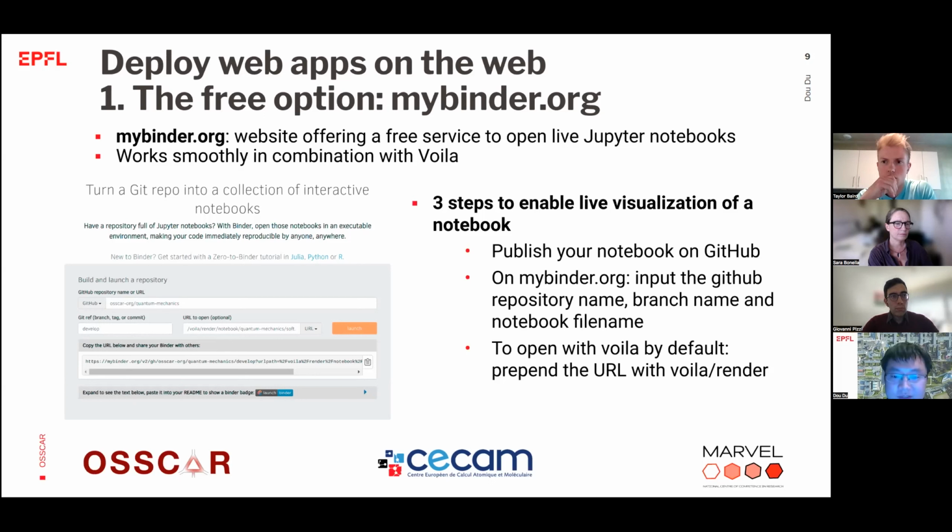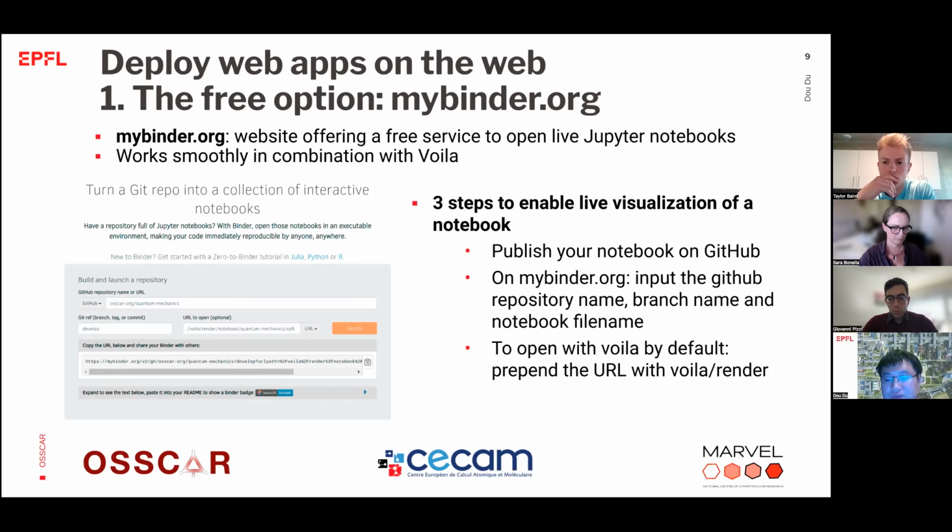So basically, there are 3 steps to do that. First, you need to publish your notebook on GitHub and do some settings. You must make sure your GitHub repository is public. Then you open mybinder.org. Inside here, you input the GitHub repository name, branch name, and also notebook file name.